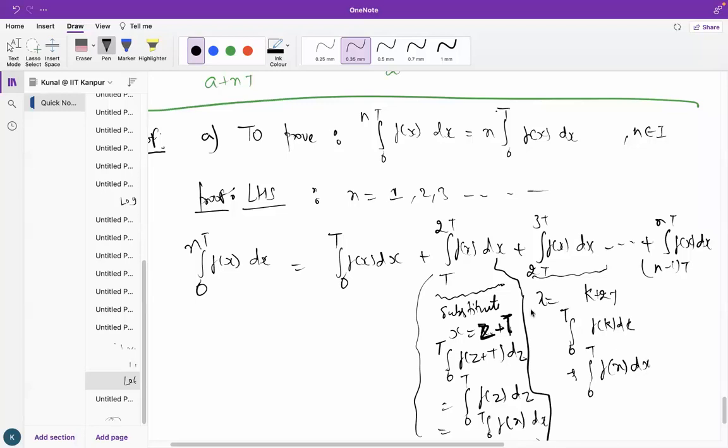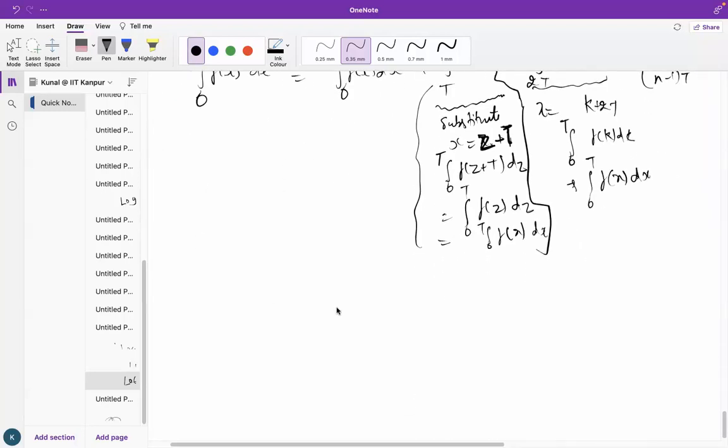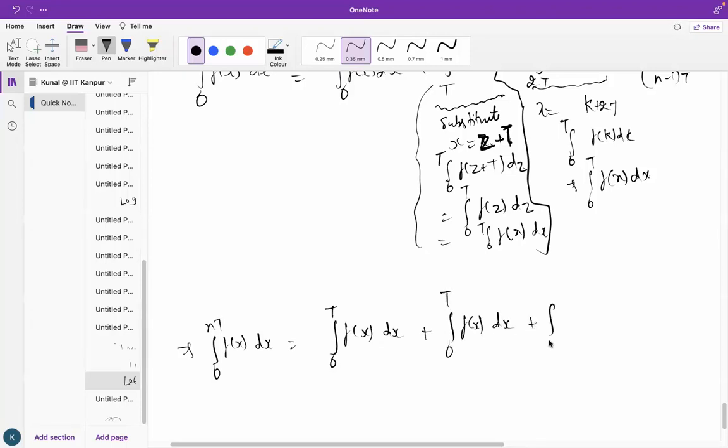So going through mathematical induction, we actually get the integral from 0 to nT of f(x) dx equal to the integral from 0 to T of f(x) dx, plus the integral from 0 to T of f(x) dx, plus the integral from 0 to T of f(x) dx, n times. Let me write it here clearly so you can understand.